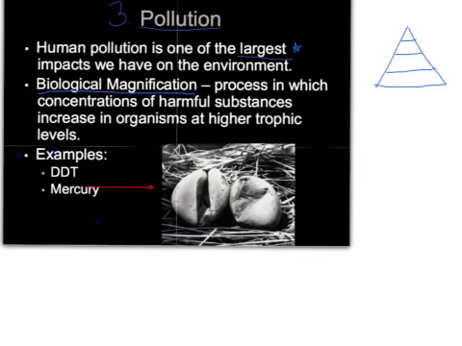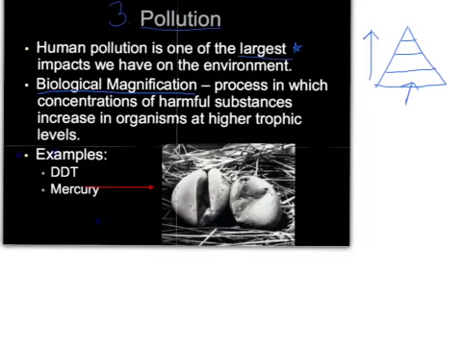What happens is something that possibly gets into our primary producers at a lower level, as we go up the pyramid, is going to increase in toxicity and amount.